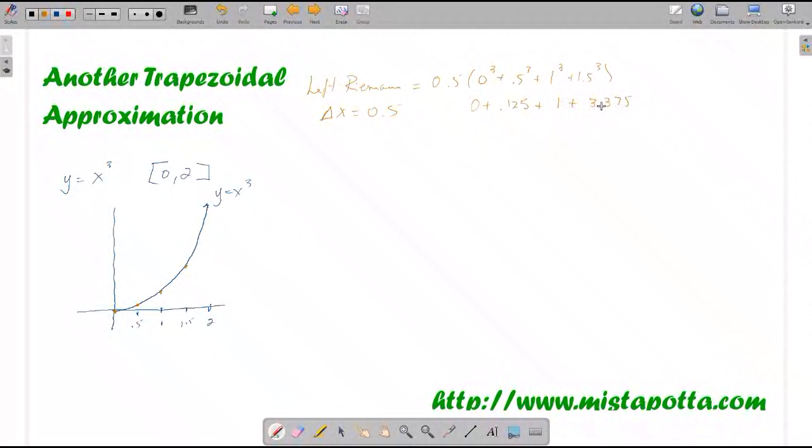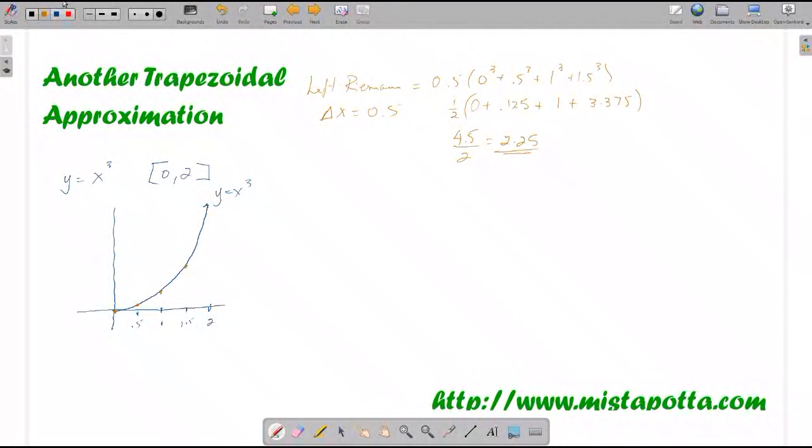And I'm taking this sum and essentially taking half of it. 3.375 and 1.125 makes it 4.5. And 4.5 divided by 2 is 2.25. That's my left-hand Riemann sum.